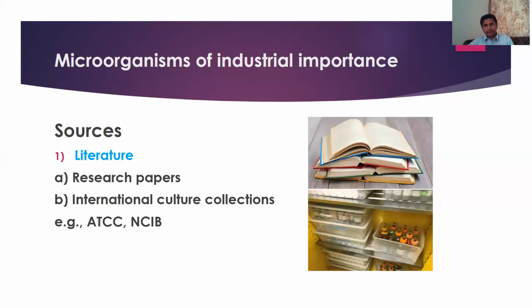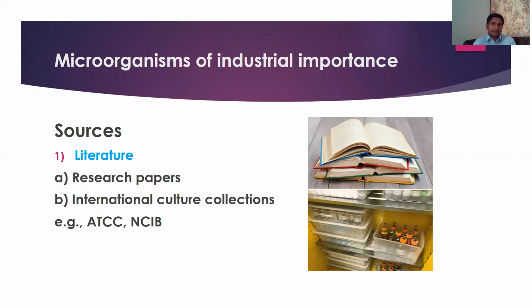Then another source belongs to literature as well. Whenever we go through the patented processes and the research papers in order to find information about the industrial microorganisms, what we could know about is the microorganisms that have a particular number.